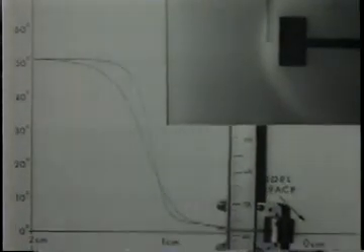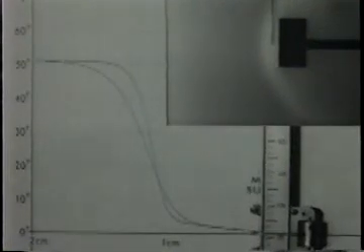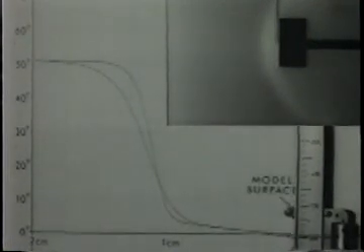Here are the experimental shock wave profiles. The second is clearly not so steep as the first.